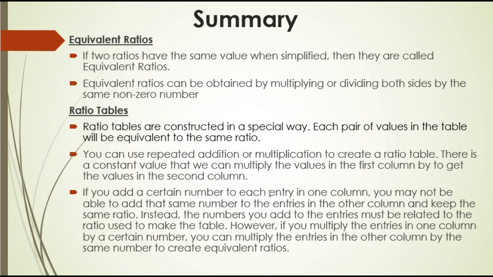And then if you add a certain number to each entry in one column, you may not be able to add that same number to the entries in the other column and keep the same ratio. Instead, the numbers you add to the entries must be related to the ratio used to make the table. However, if you multiply the entries in one column by a certain number, you can multiply the entries in the other column by the same number to create equivalent ratios. We will talk about these two more in our next lesson.